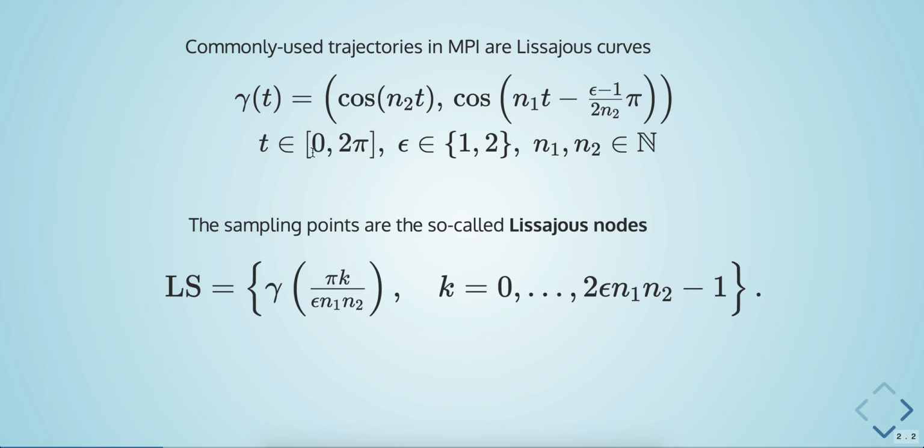So this is a 2 pi periodical curve, so it's a closed curve. And if we take this number of samples, which are 2 epsilon n plus 1 and 2, we get a sampling of this curve over some nodes that are not at random.